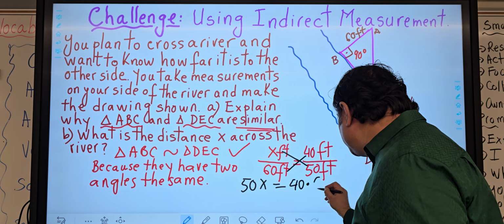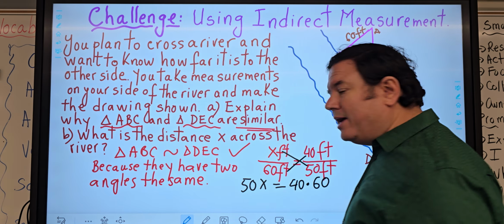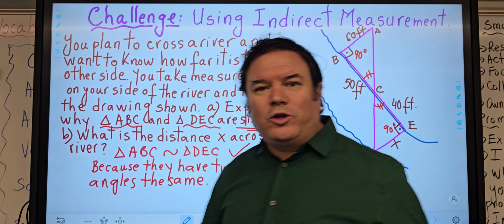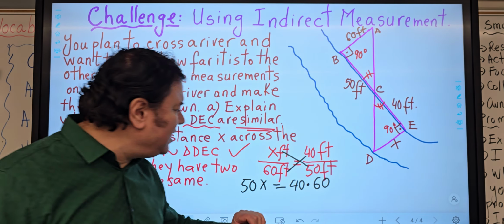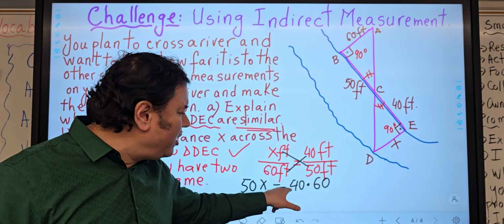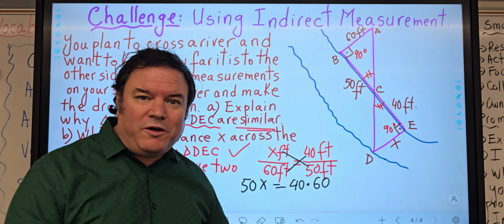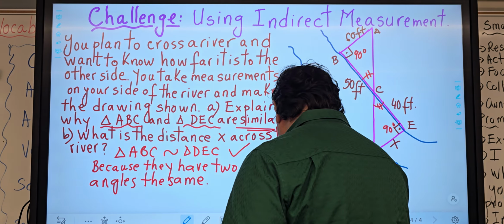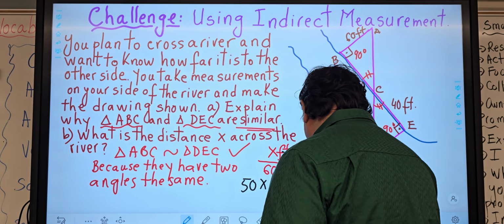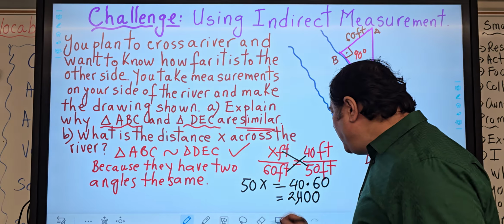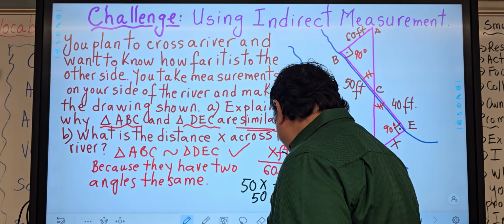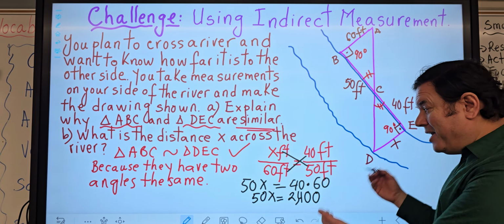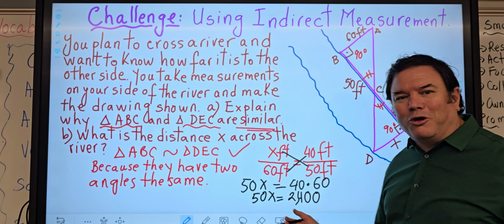The easiest way to multiply 40 times 60 is to multiply the whole numbers, 4 times 6, which is 24, and then add 2 zeros. So that becomes 2,400. And here we have 50x equals 2,400.